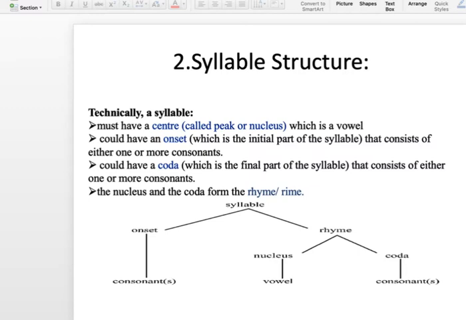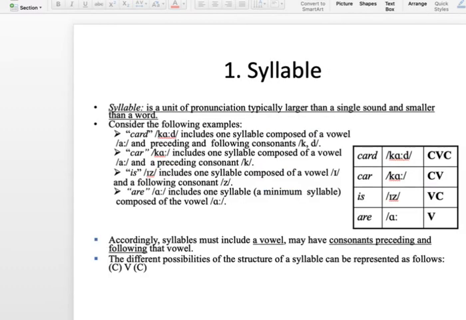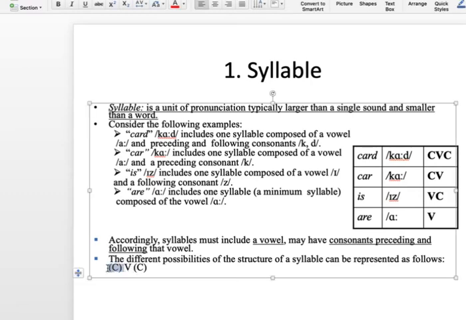Then a syllable could have an onset, which is the initial part of the syllable that consists of either one or more consonants. So if once again I go back and ask what is the onset here, it is what comes before the vowel. This C is the onset.